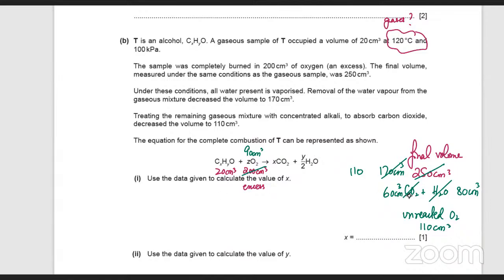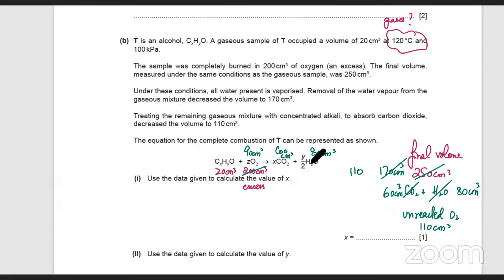That's 60 cm cube and water कितना है? That's 80 centimeter cube. So find out what X and Y are.